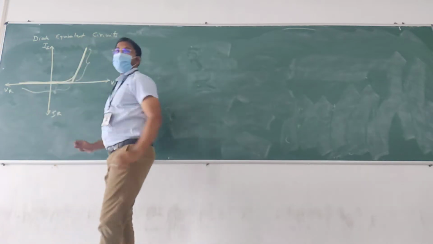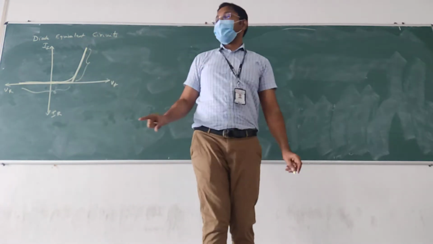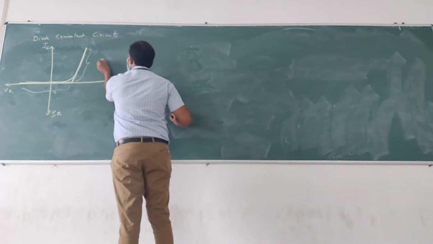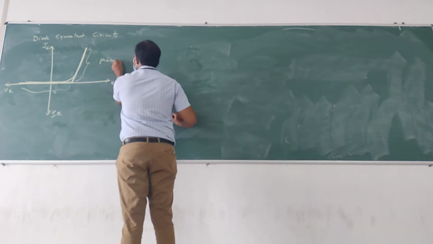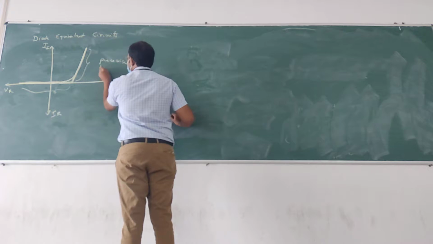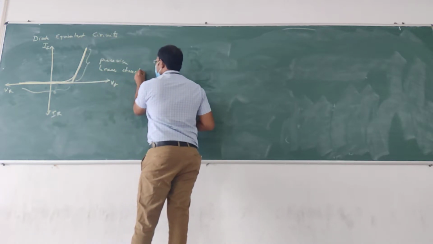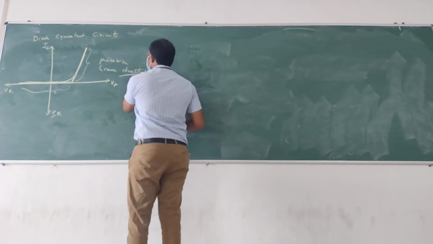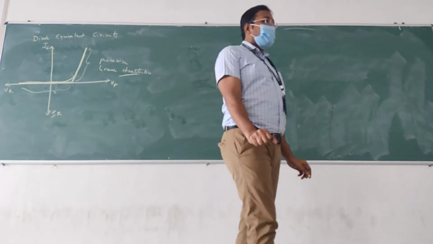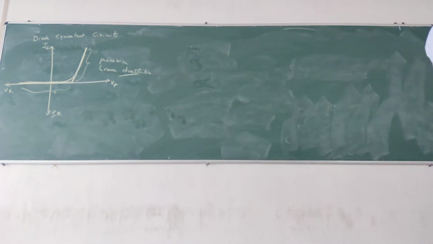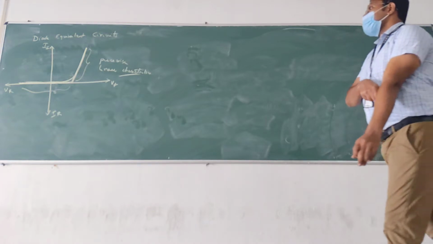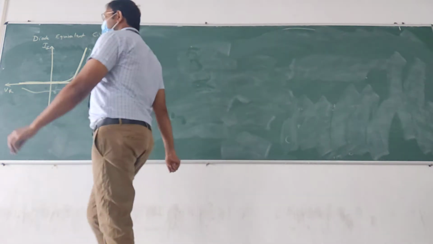So these characteristics are called piecewise linear characteristics of diode.